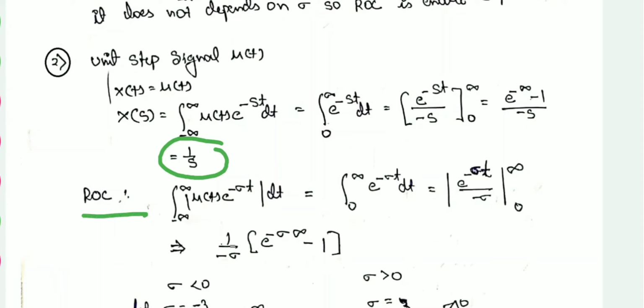But for the ROC, when we integrate it, we generally put in infinity, and as it is multiplied with infinity, it becomes minus infinity, but it also depends on the value of sigma.